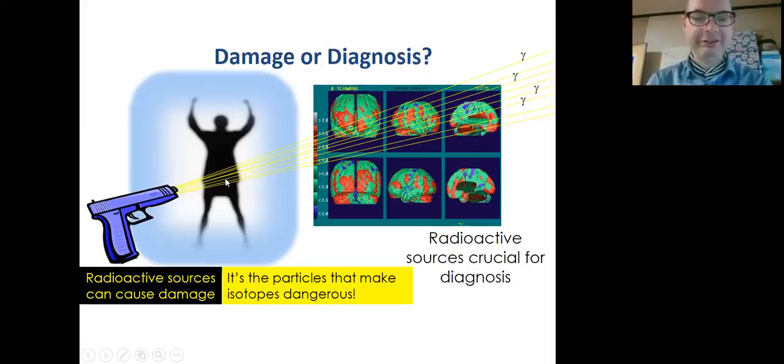These little bullets can cause damage to the body, but at the same time, it's the exact same bullets that allow you to do diagnosis and imagery of cancer and so on. So you kind of have to think of it as a double-edged sword, where the radioactive sources can cause damage, but at the same time, they can be very important for medical reasons, and for many other reasons as well. It can also be very useful.